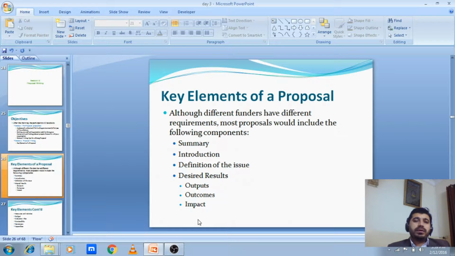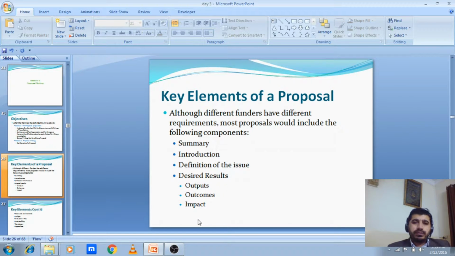Now, though different funders have different requirements, most proposals, as I said earlier, will include the following components. Number 1, summary, introduction, what is the definition of the issue? Sometimes it is also called the problem statement or the problem.